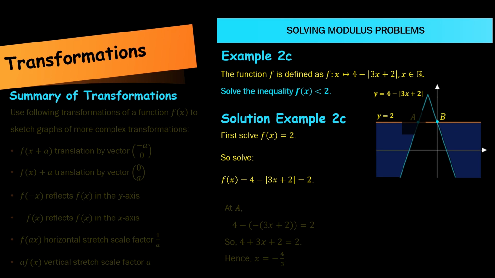And now for B. At this point we have 4 minus 3x plus 2 equals 2. We've removed the modulus signs, but we've left 3x plus 2 as it is, because it's not the reflected part of the graph.